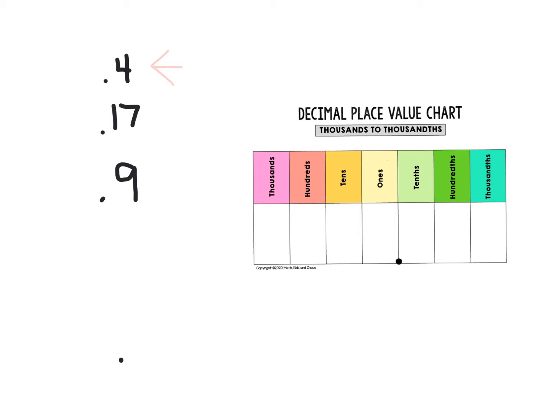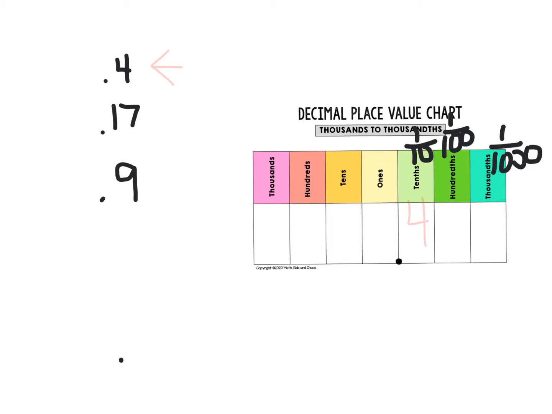Our first example is decimal 0.4. I'm going to fill it in my place value chart. How I say decimal 0.4 is 4 tenths. Now remember, in your place value chart, the value of tenths is 1/10. Hundredths is 1/100, and thousandths is 1/1000.